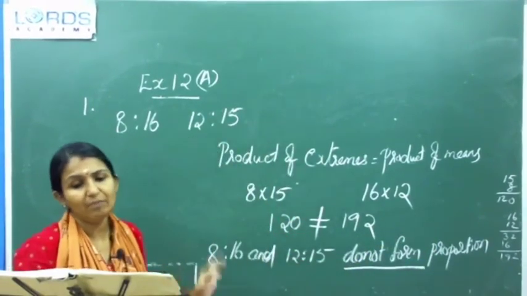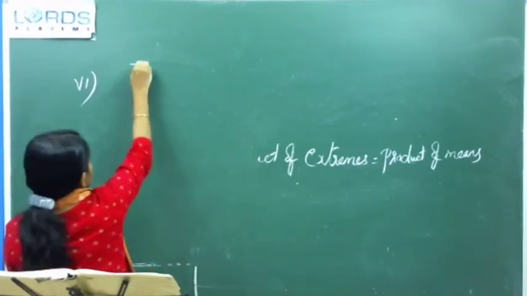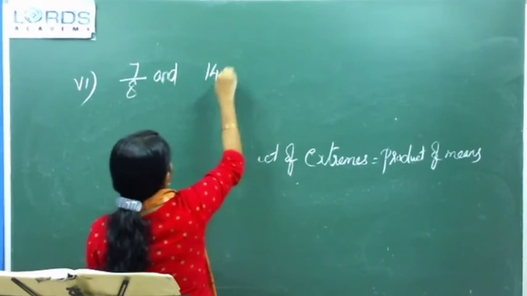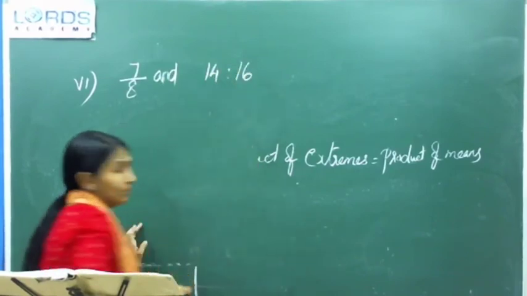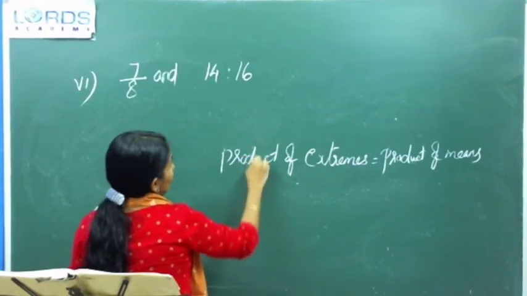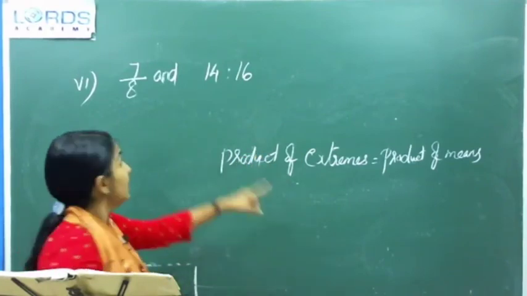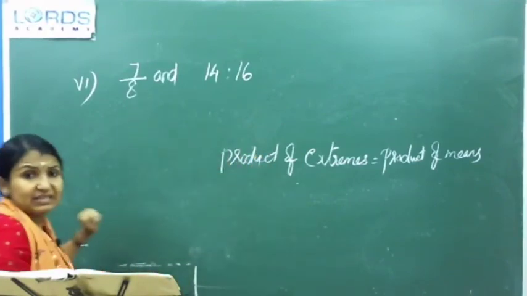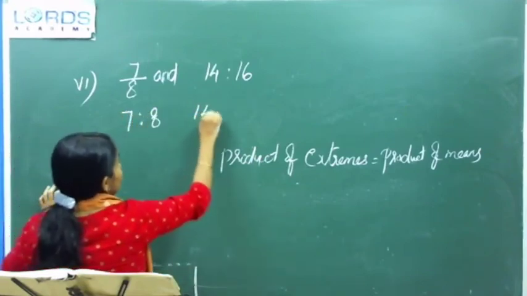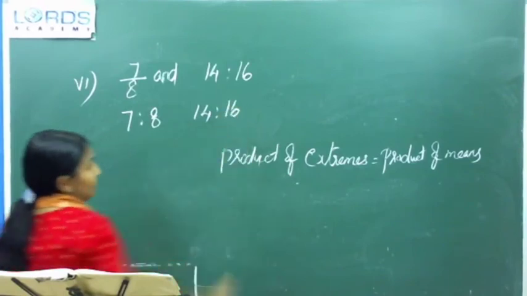Otherwise, they form a proportion. Sixth one, 7 by 8 and 14:16. Here, we should first write that the product of extremes is equal to the product of means. What is 7 by 8? We can write it as 7:8, and the other one is 14:16.